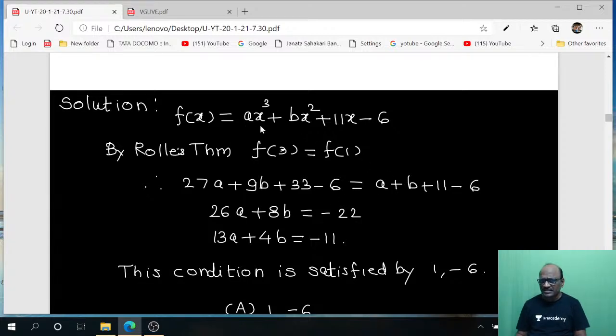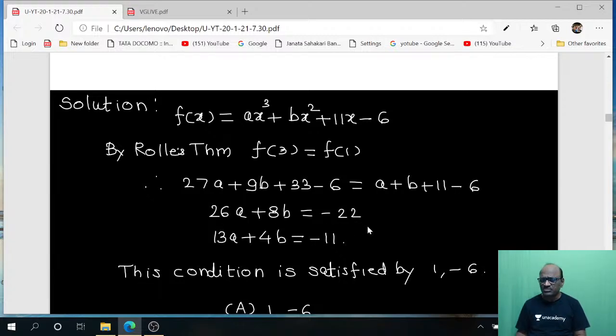On the right hand side, take the same function and replace x by 1. Therefore you will get a, as 1 cubed is 1, plus b, as 1 squared is 1, plus 11 into 1, which is again 11, minus 6. After simplification, 27a minus a gives 26a, 9b minus b gives 8b, and that equals −22.